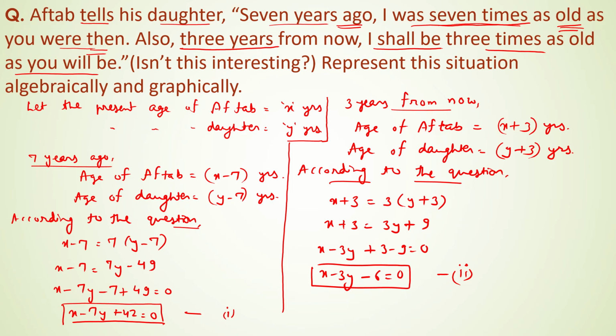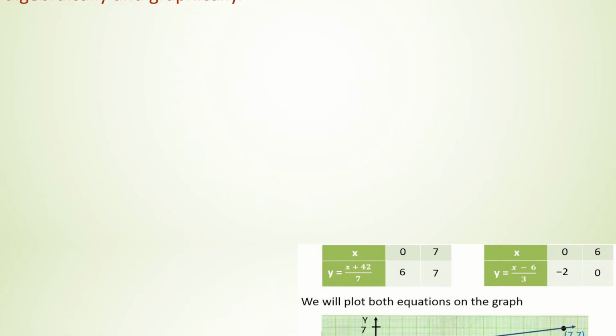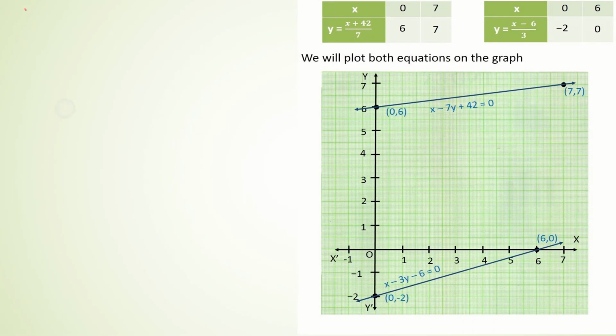So, we have the first equation as x minus 7y plus 42 equals 0.